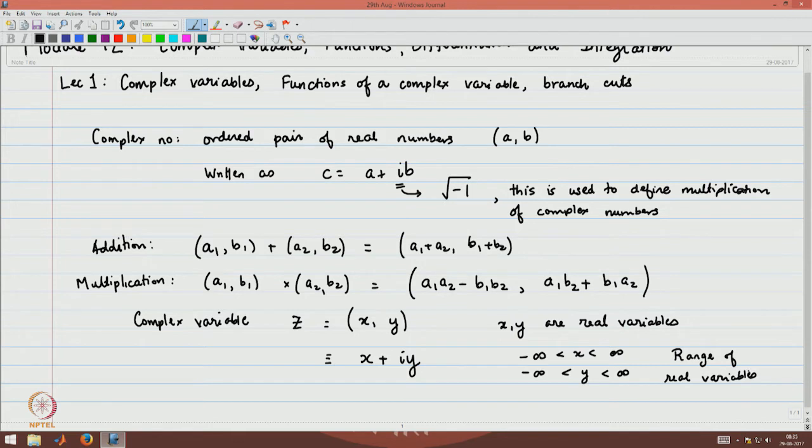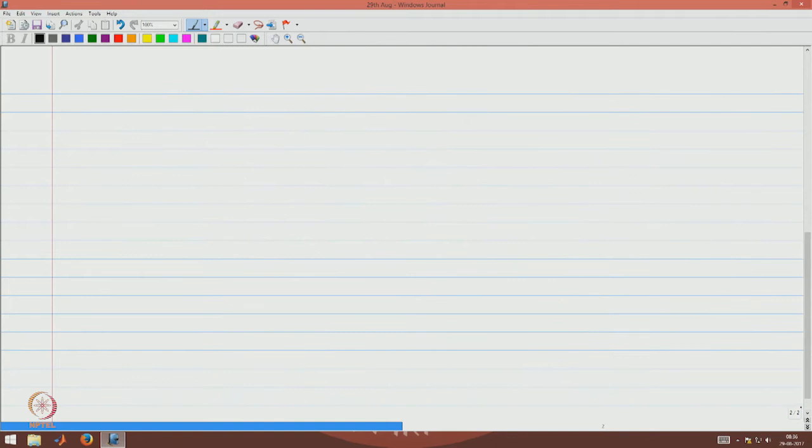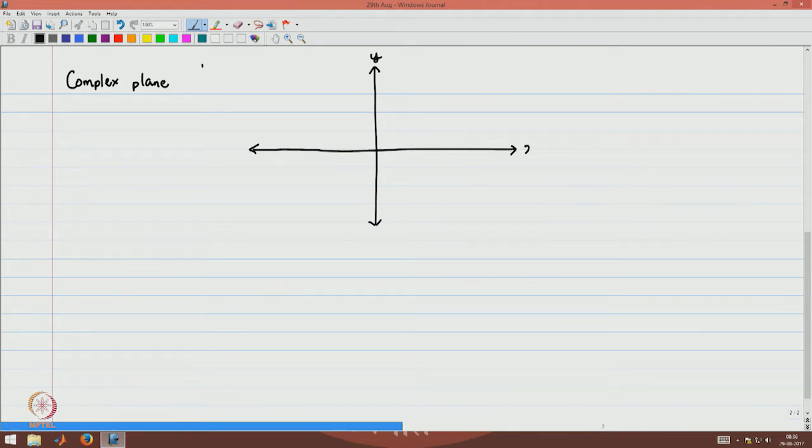Okay. Now if you have two variables x and y, okay, then you can pictorially describe the space occupied by both those variables in terms of a plane. So the complex plane, this is basically the xy plane. So you have the y axis and you have the x axis. Okay.